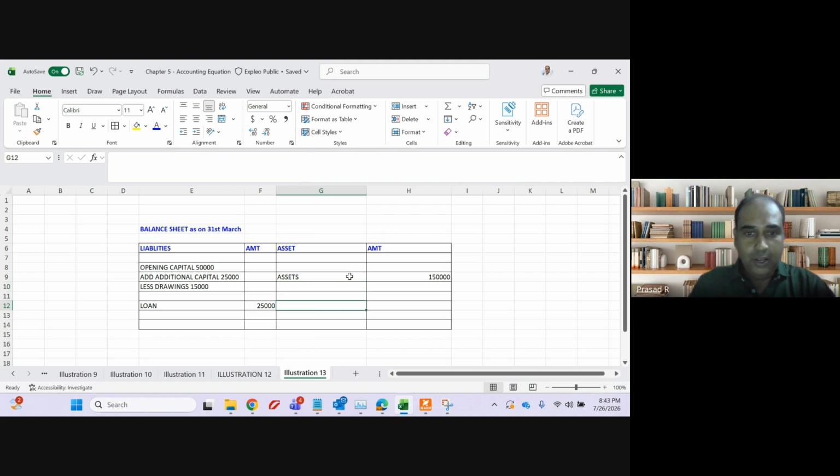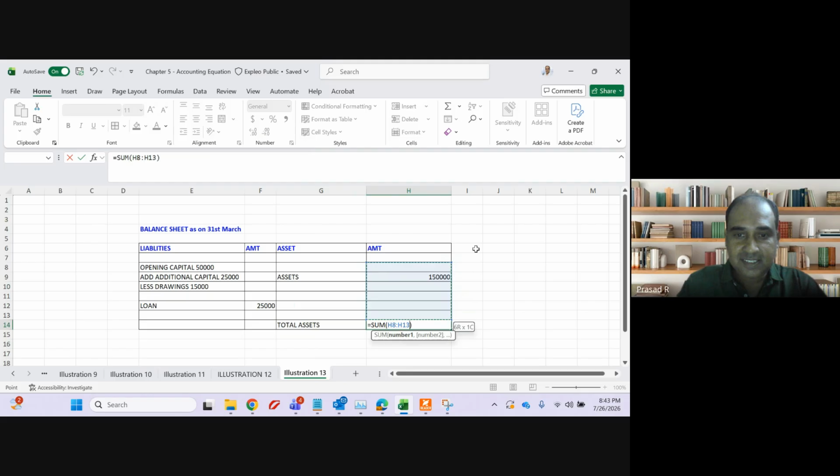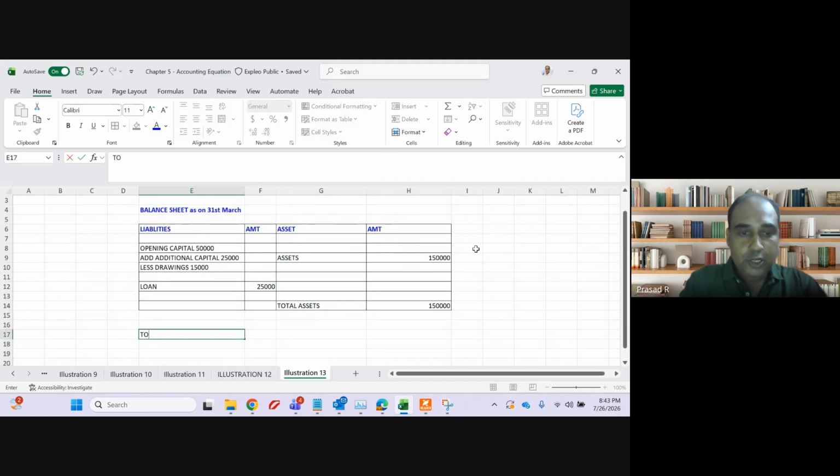Okay. Now, I know one thing. If I know my total assets, and if I know my total liabilities, total assets minus liabilities will give me what? Opening capital or closing capital?